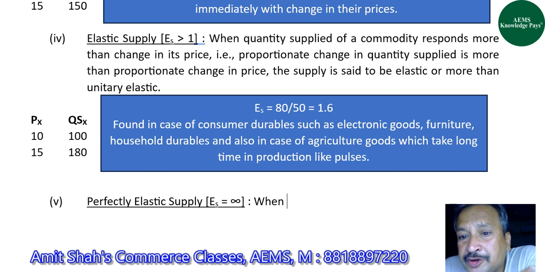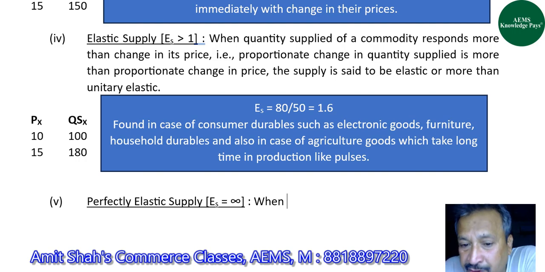So if there is overproduction in any developed country of anything, maybe mobile phones or any other commodity like shoes, they dump it at the existing price in that developing country market, even though there is no change in price, because they have to sell it.